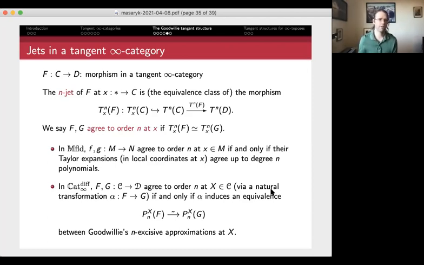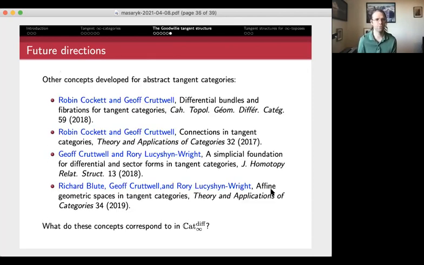So there are other things. There are other concepts from the abstract theory of tangent structures that you might want to try to work out. Here is a list of a few papers that have been developing the theory of tangent structures. There are differential bundles or vector bundles, connections and curvature, differential forms, affine spaces. Each of these is a notion you can develop in the abstract world of tangent categories.